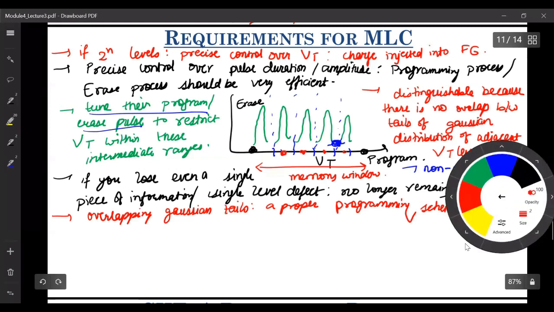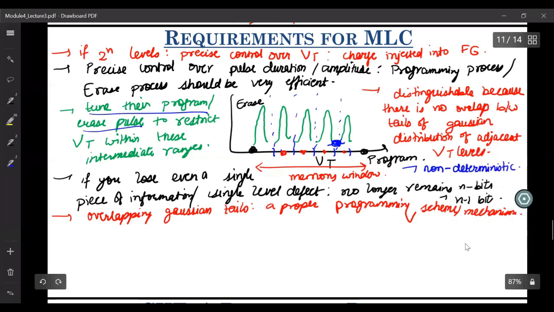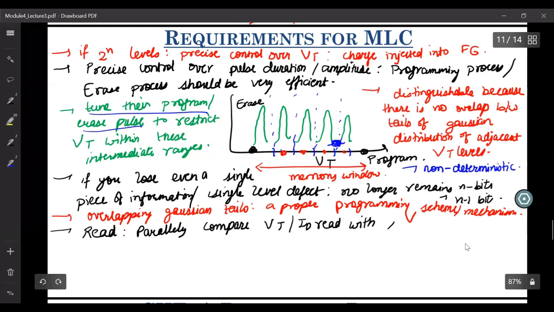What is the second requirement? The second requirement goes in the read. So how do you read this kind of multi-level capability cell? You compare in parallel the VTH read or the current read with several references. If the number of bits is small, let's say 3 or 4, it's still manageable.